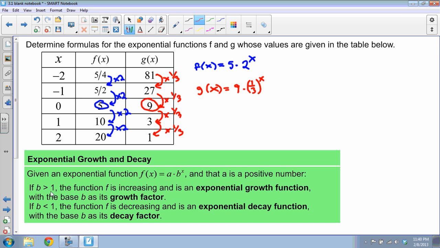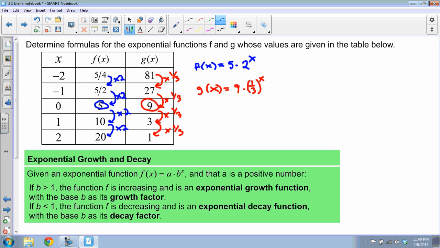As long as a is positive, if b is greater than 1, that means the function f is increasing and is an exponential growth function with the base b as its growth factor. And if b is less than 1, the function f is decreasing and is an exponential decay function with the base b as its decay factor.